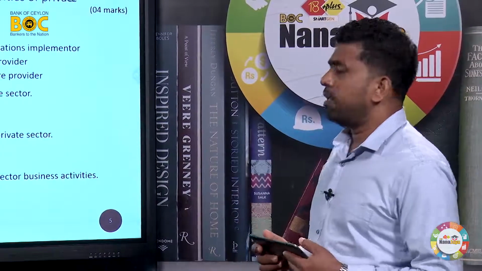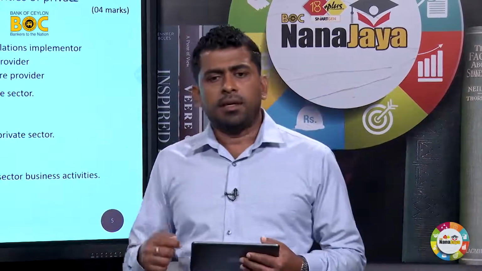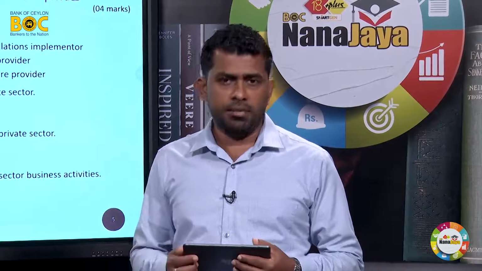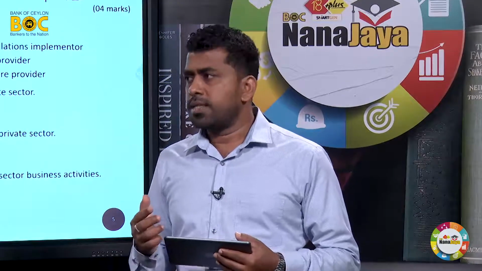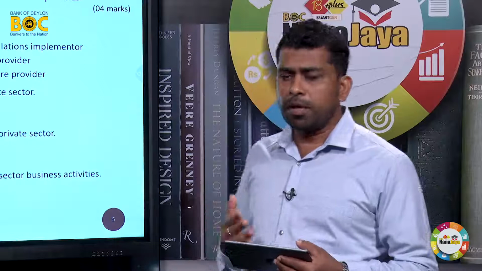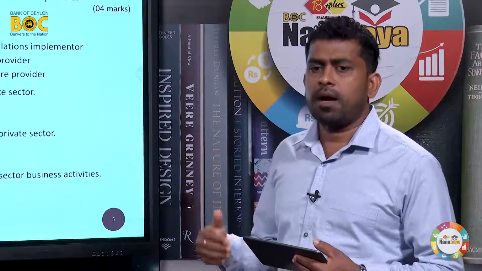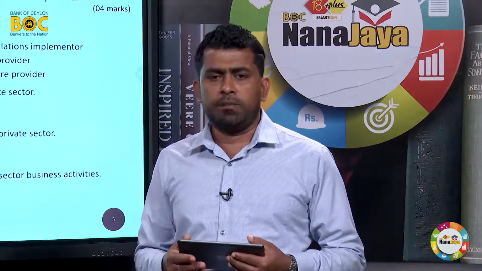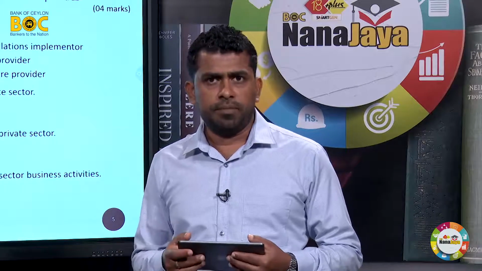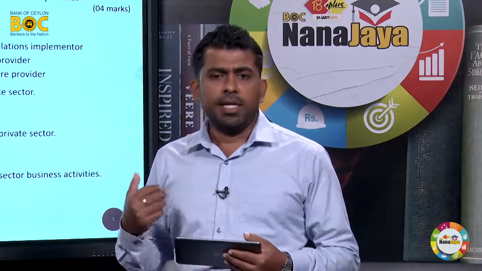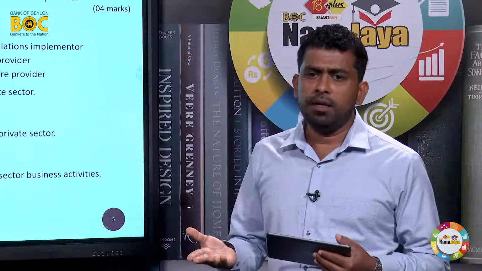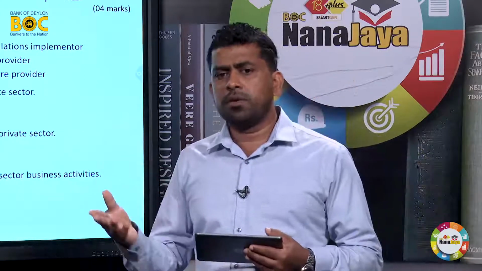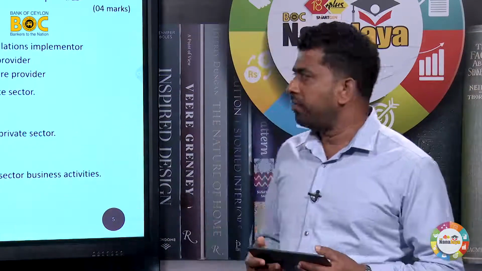As a competitor, the government carries out competitive services with private sector businesses. For example, Lake House newspapers are government sector businesses while Vijaya newspapers belong to the private sector. Television channels ITN and Jatika Rupavahini belong to the government sector, while Swarnavahini and similar TV channels belong to the private sector.